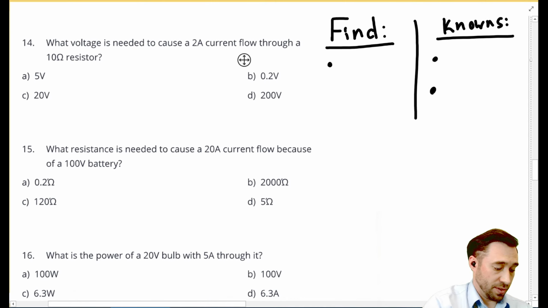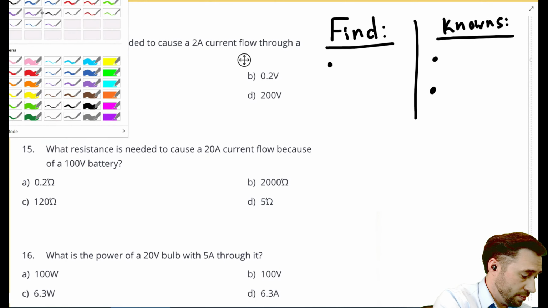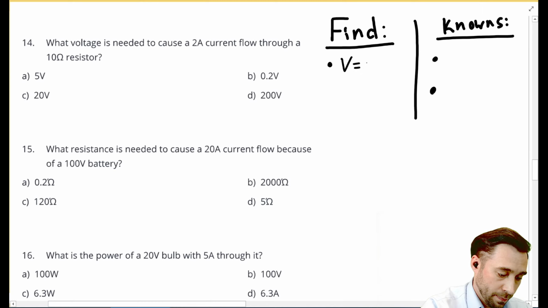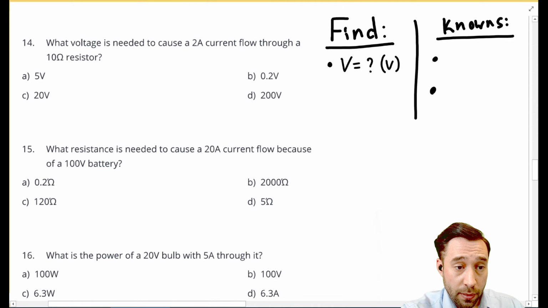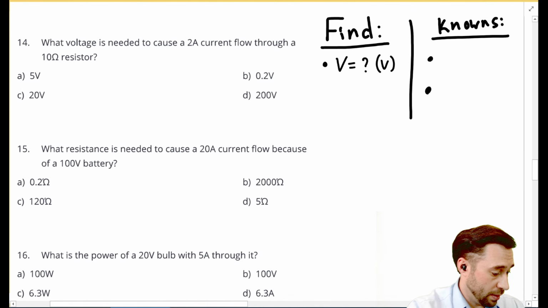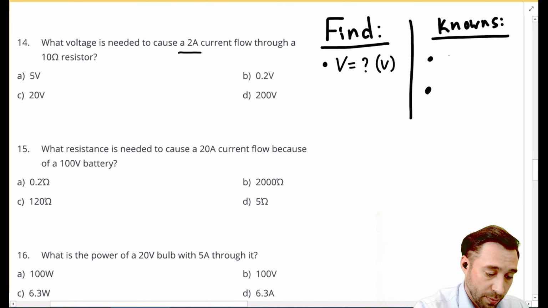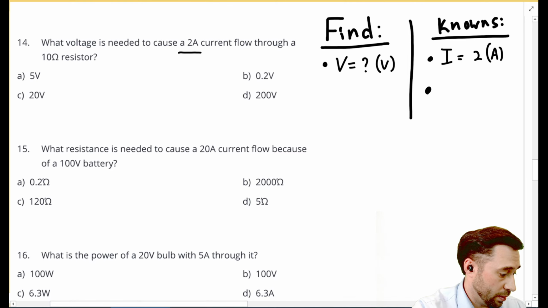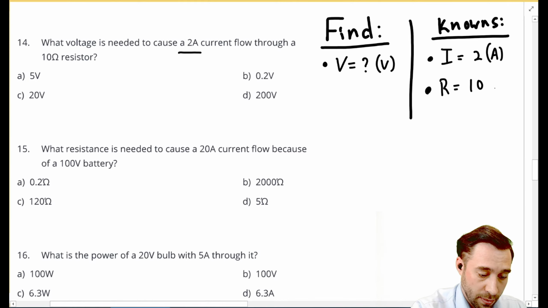So what voltage is needed? So we need to find volts. And that has units of volts. And 2 amps. So I know my current is equal to 2 amperes through a 10 ohm resistor. So resistance is 10 ohms.